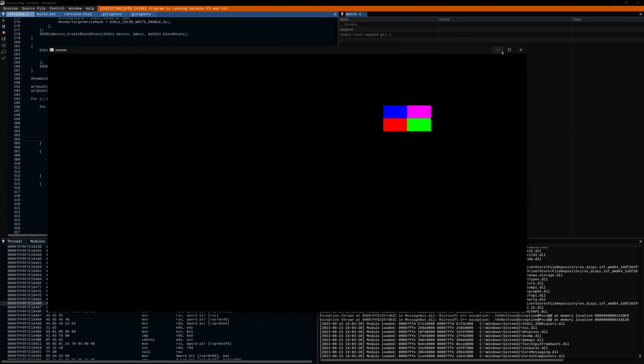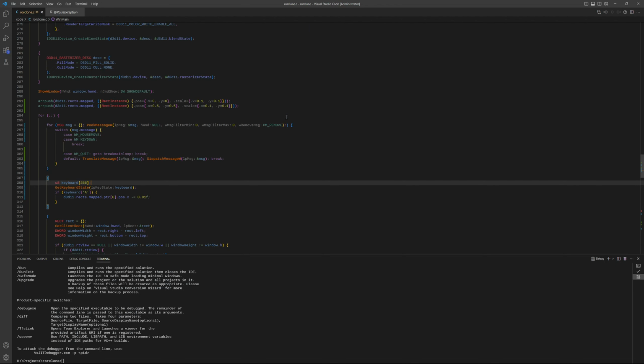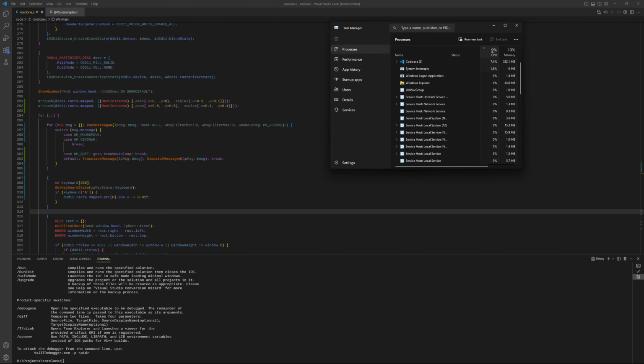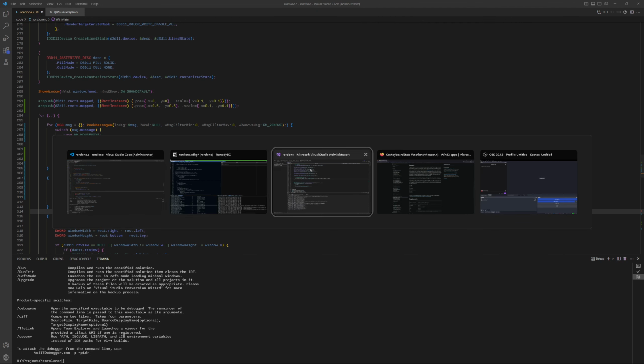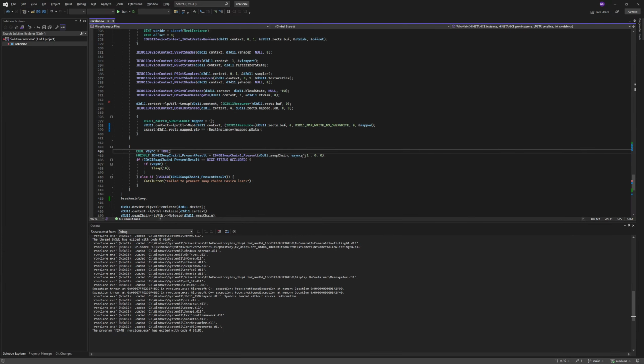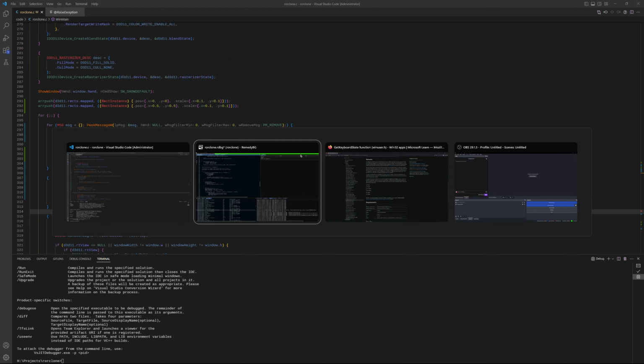Oh boy. Okay, I think by the sounds of it, something is still running there. No? Yes? Maybe? System interrupts. Why system interrupts? Let's just exit Visual Studio.